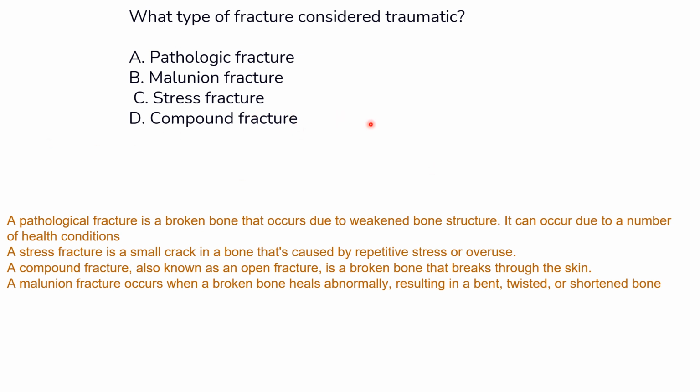A stress fracture is mainly because of a small crack in the bone caused by repetitive stress and overuse. But the compound fracture is a kind of open fracture where the bone is broken and breaks through the skin. Whenever trauma happens, if it is of a higher intensity, we will have the compound fracture. So the answer is D.